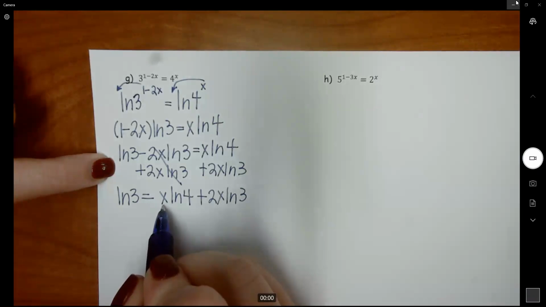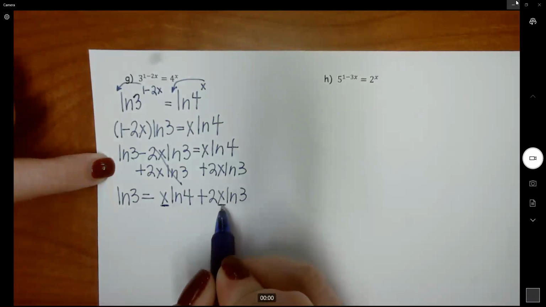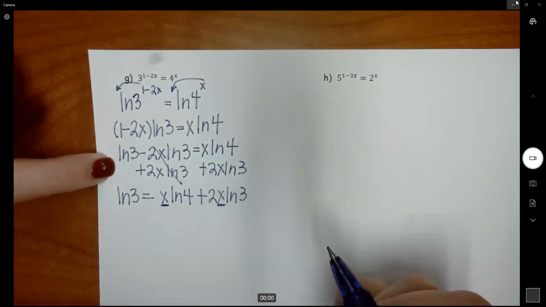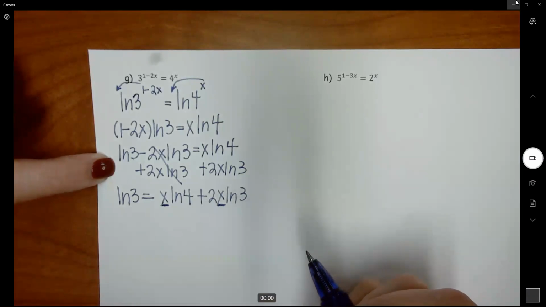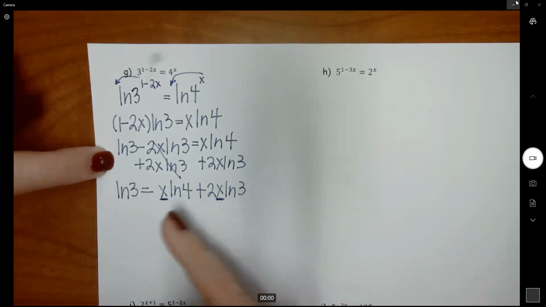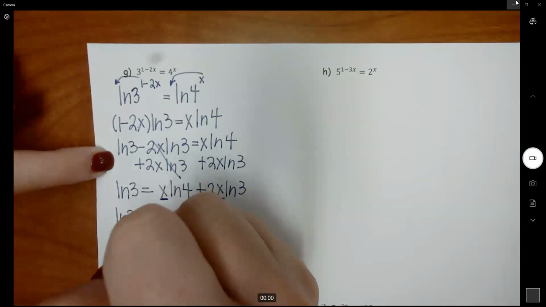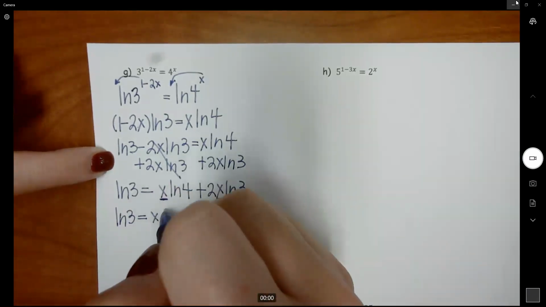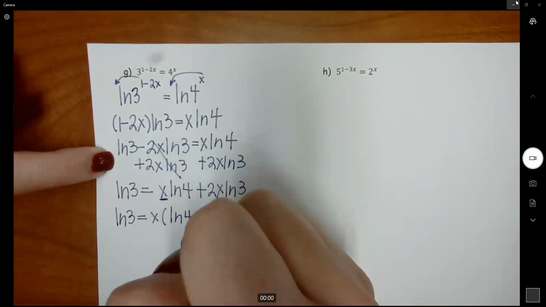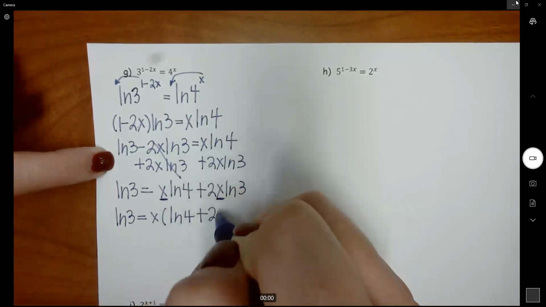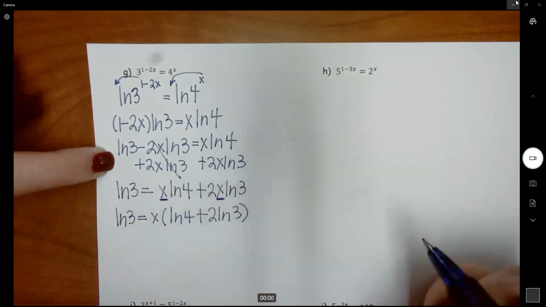Okay, now I'm going to factor out my x. They both have a factor of x. So I'm going to take the GCF of x from both sides. So natural log of 3 equals x natural log 4 plus 2 times natural log 3.